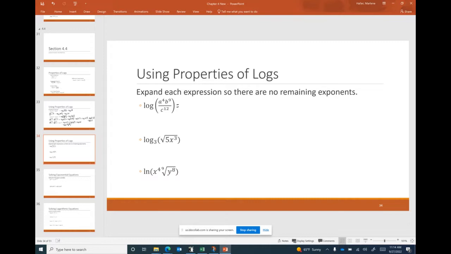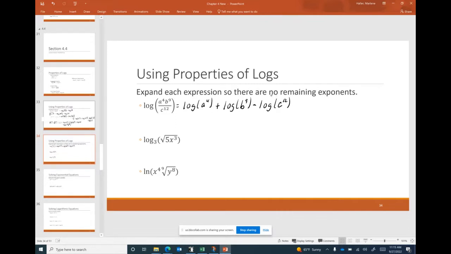any products of the numerator are going to be positive logarithms, right? So I'd expand this as log of a to the fourth, and then here's another positive logarithm because that's a product of the numerator again. So that'll be plus common log of b to the ninth. Now c to the 12th is down in the denominator of the argument, so that will need to expand to a negative logarithm. That would be minus log c to the 12th.